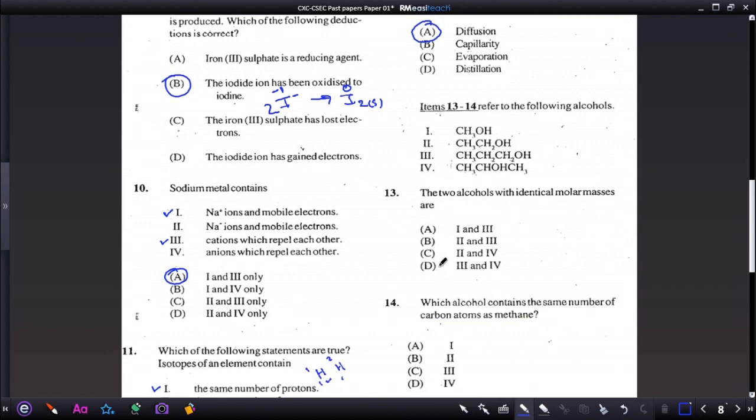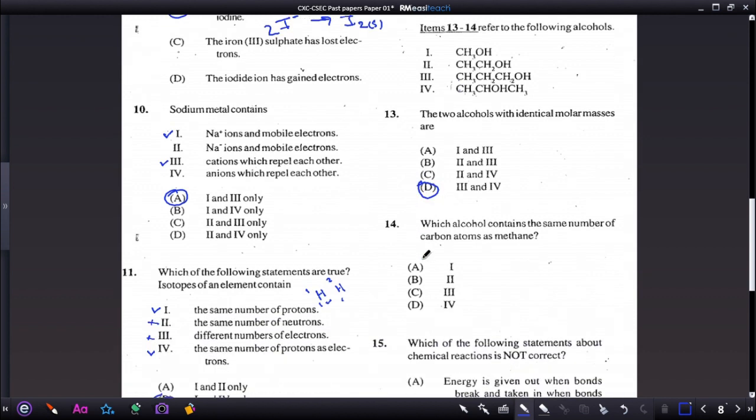There are two alcohols with identical molar masses. Which of these two have the identical molar masses? So let us count the number of carbons. 1, 2, 3. So we have 3 carbons here. 1, 2, 3, 3 carbons. And the OH. So it says 3 and 4. That's D.